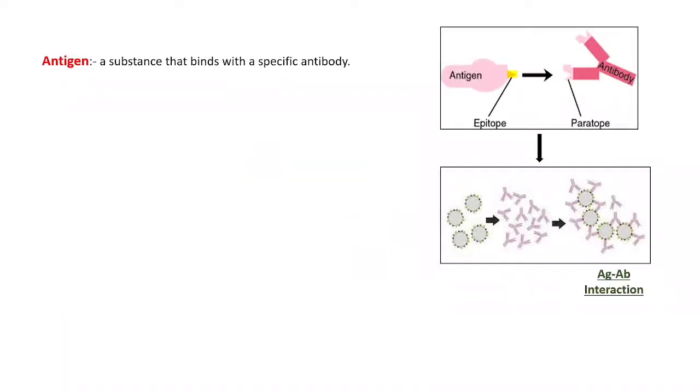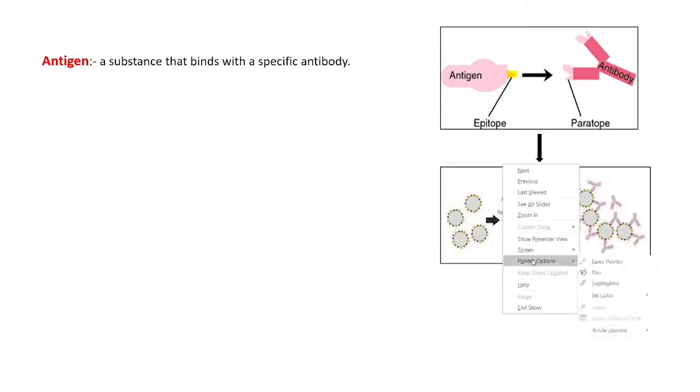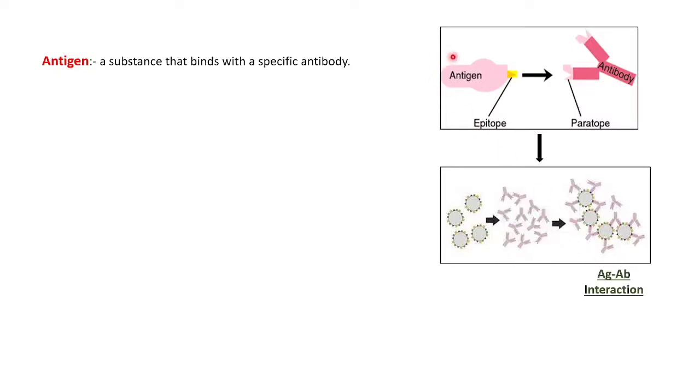Now let's see. Here, this is antigen and this is antibody. On the antigen you can see the epitope attached, and here the paratope is on the antibody.